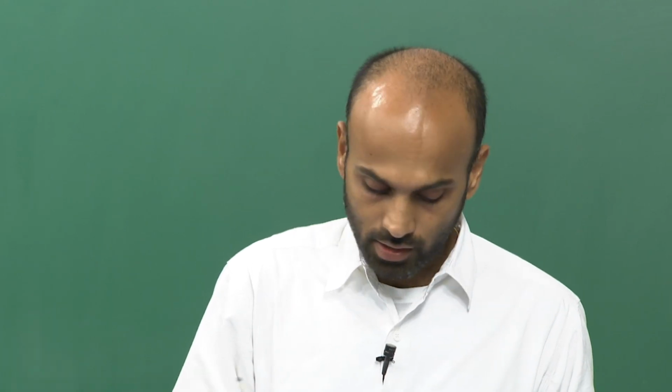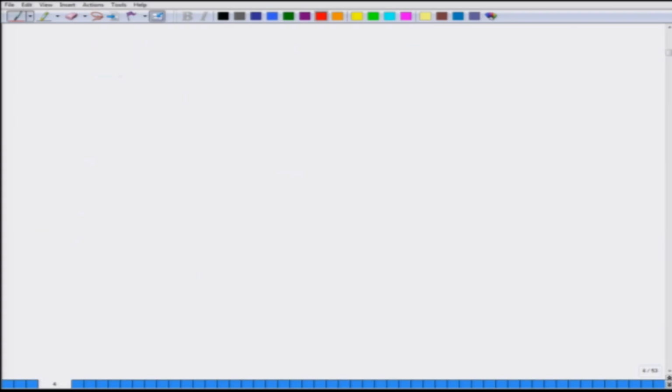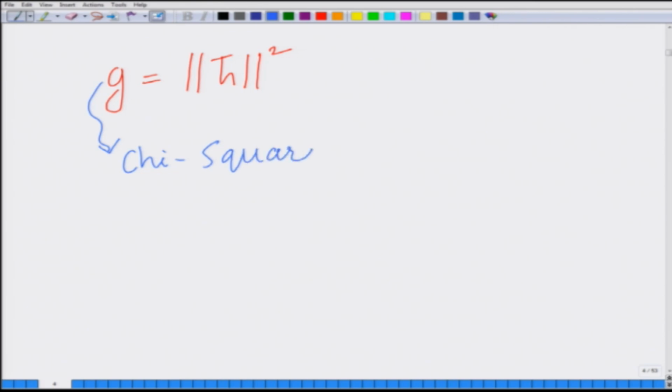And in such a scenario, since H1, H2, up to HL are random, therefore G is also random in nature. So, G is also a random variable, and G, which is norm H bar square, is given as a chi-square random variable with 2L degrees of freedom.